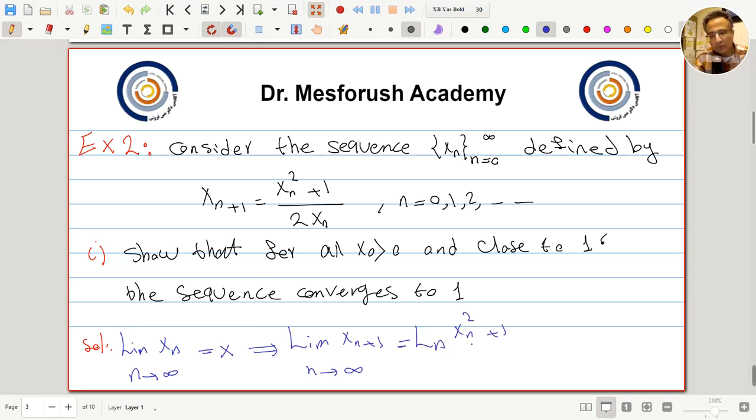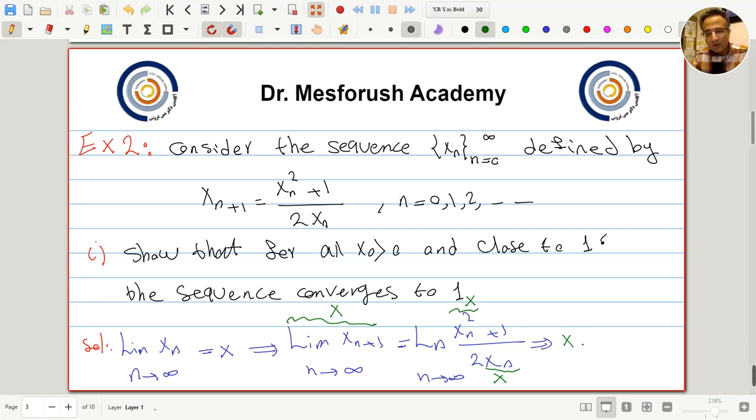The left-hand side gives x. On the right, the limit of x_n in the numerator and in the denominator will be x.